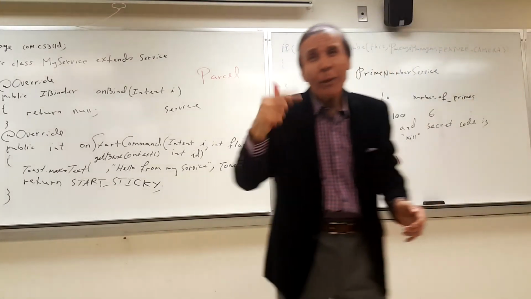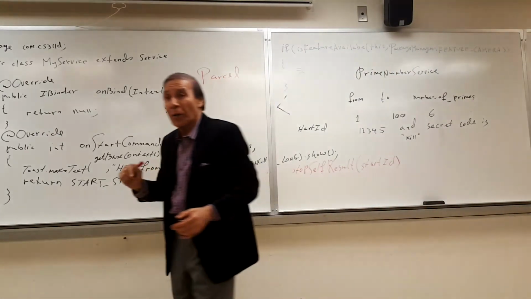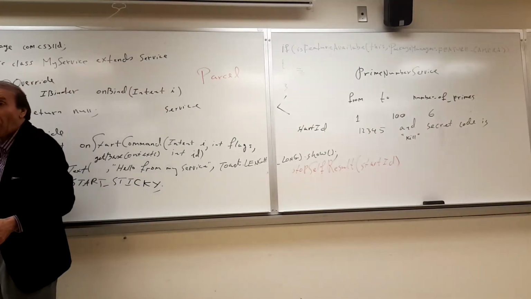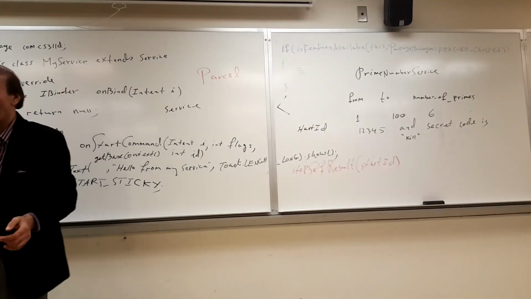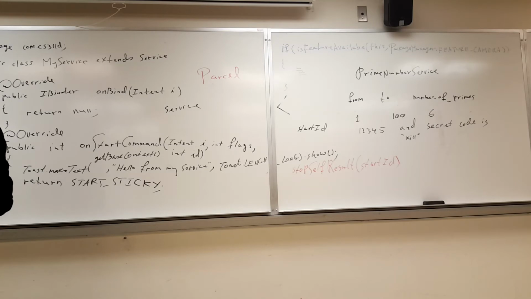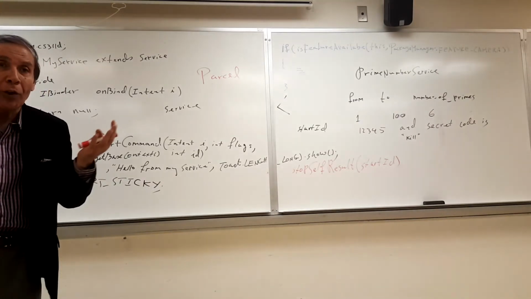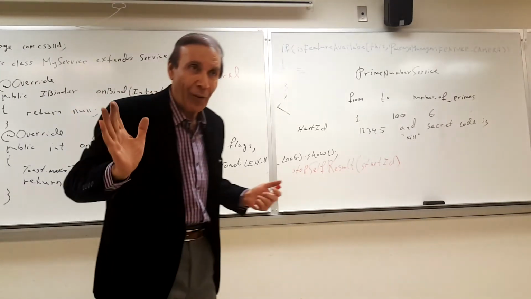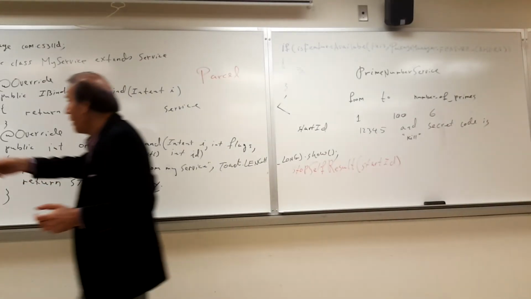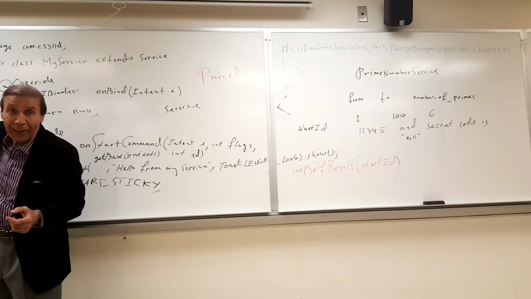But working with Parcel is a little bit harder than working with IDL, because IDL creates everything that you want. It's just auto-generated, right? You just call IDL, and IDL is going to create all of those methods that you want, and we just use them. That's it, okay? That's what makes using IDL easier than Parcel.